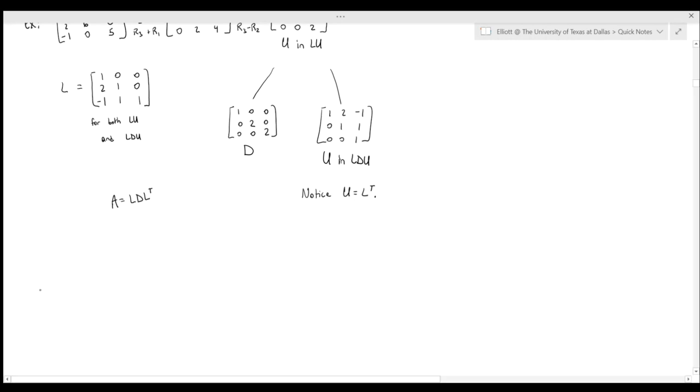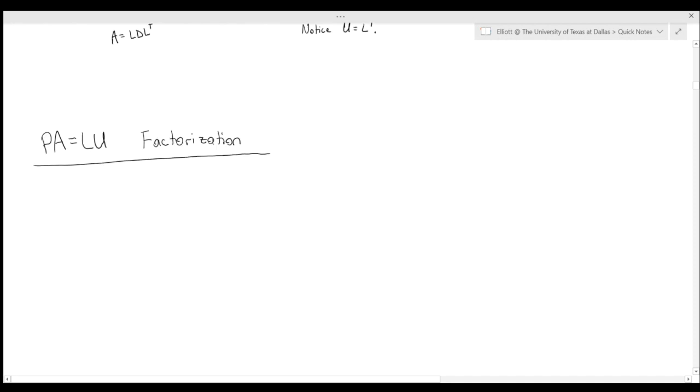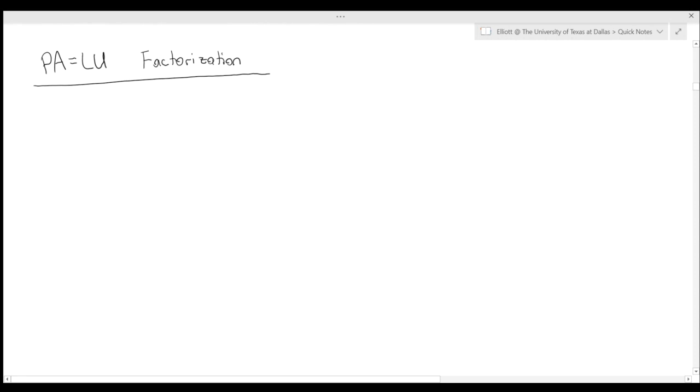So I'm going to talk now about the PA equals LU factorization. When I was talking about getting the LU factorization earlier, I said that you have to do the row operations in a particular way.